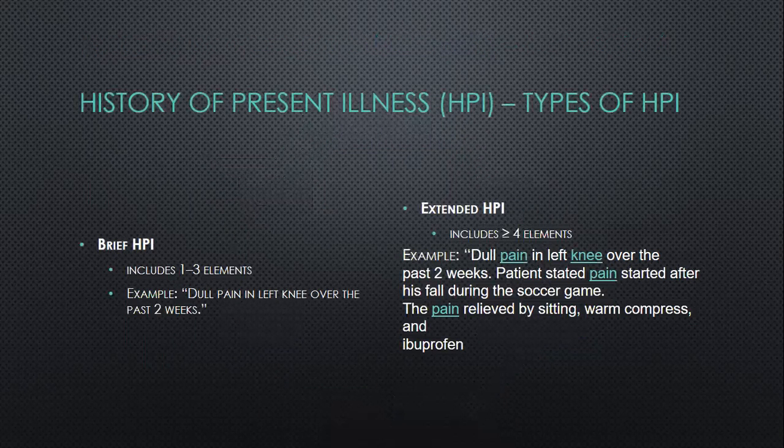So there are actually two types of history of present illness. There are two types of how you can describe your patient's symptoms. There's a brief, brief means breve, right? A brief HPI. HPI stands for history of present illness, right? It includes from 1 to 3 elements. For example, a dull pain in the left knee over the past 2 weeks.